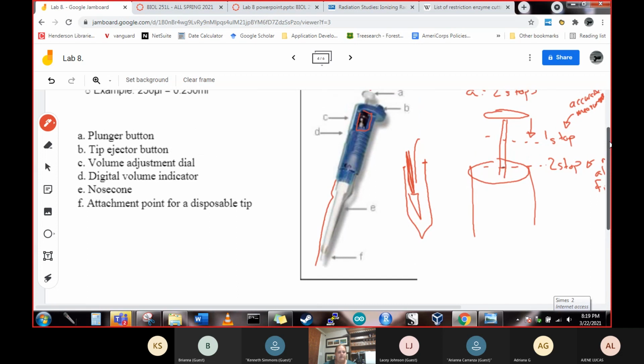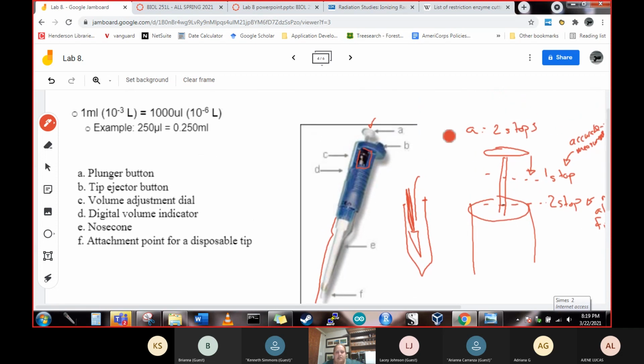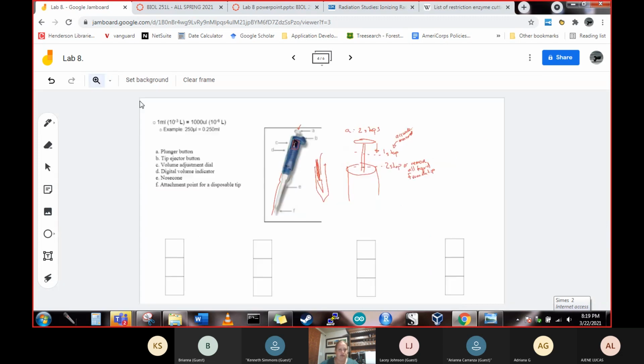So let's talk about this volume adjustment dial. Each of these pipetters is going to be for a different volume. Let's reset this to a reasonable level. There's, let's say, a P10, a P20, a P200, or a P1000. Each of the P's is referring to a pipetter, and these numbers are referring to microliter measurements.